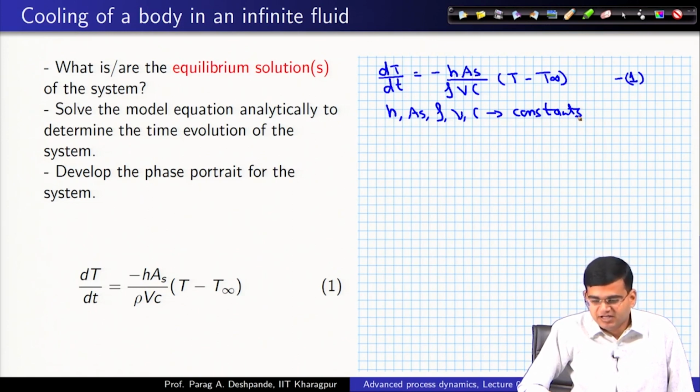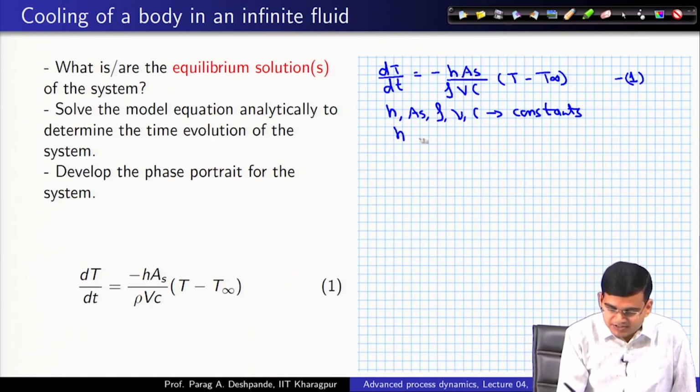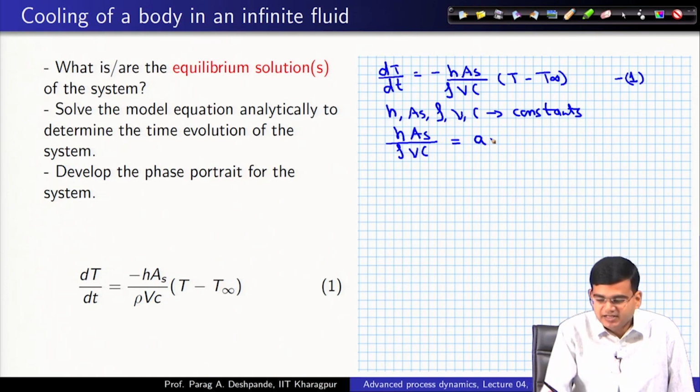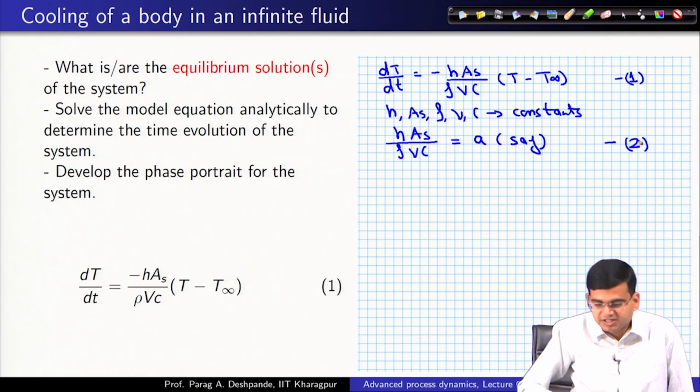But if we assume that all of these properties remain constant over a temperature range for which we are doing our analysis, then h A s upon rho V c can be simply substituted by a constant, and let us say that constant is A.